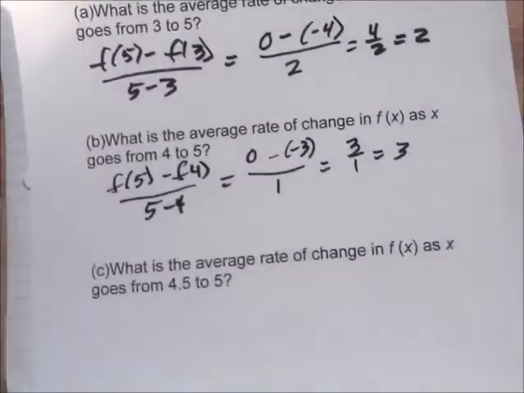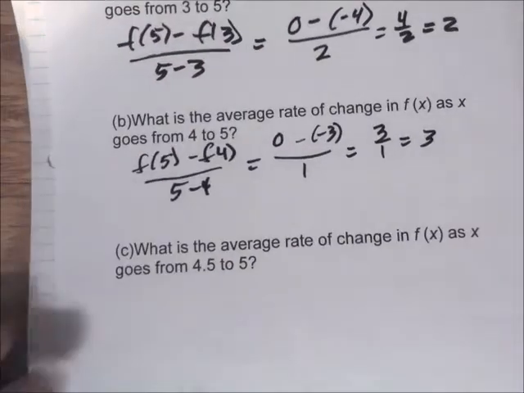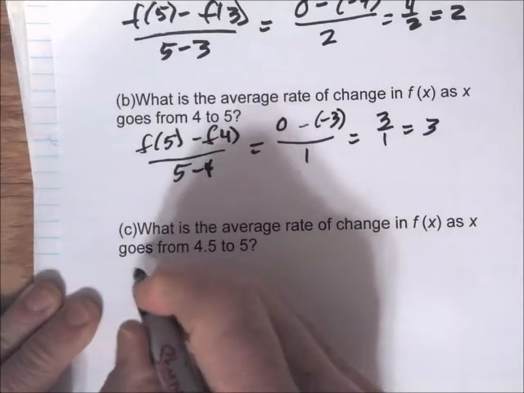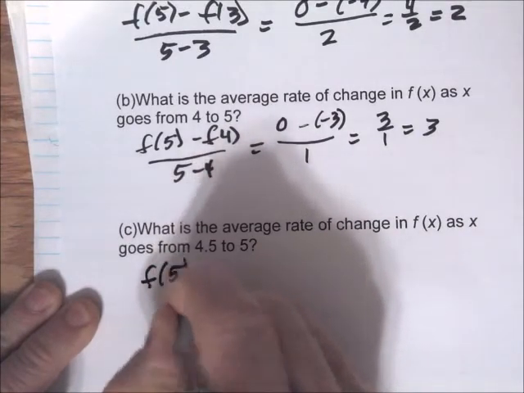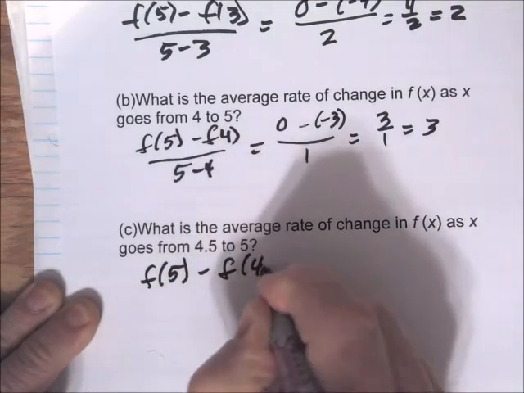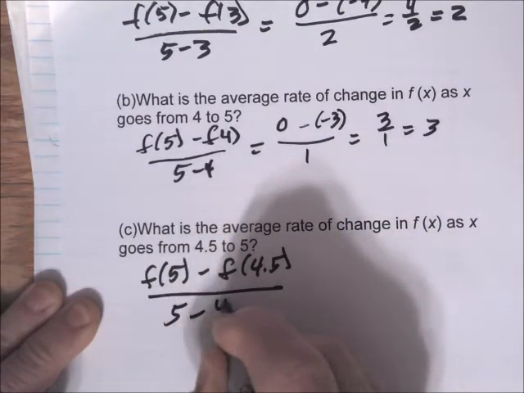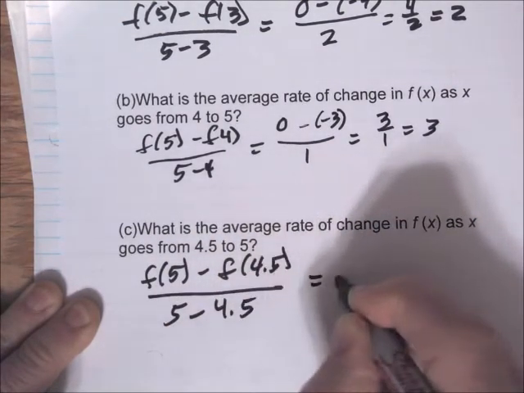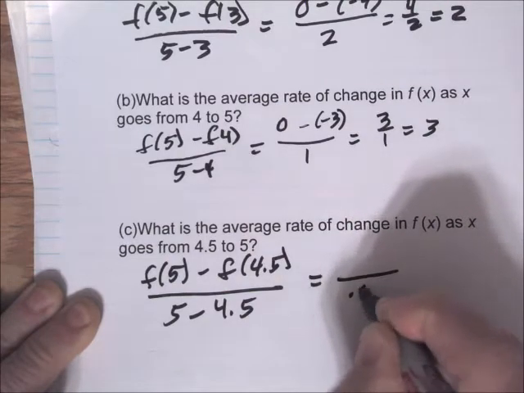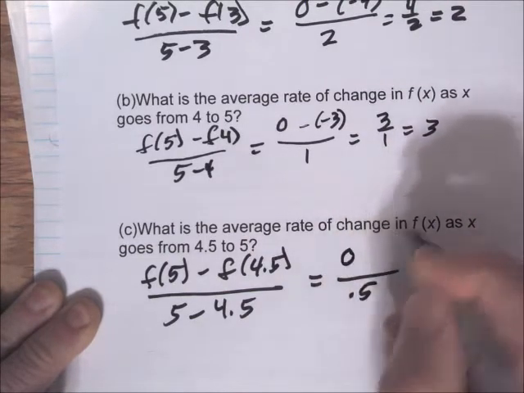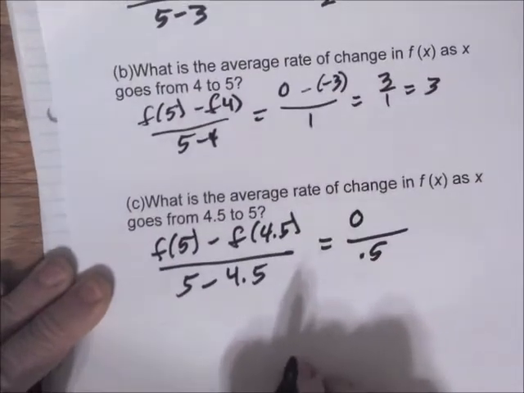If we do 4.5 to 5, so that's f of 5 minus f of 4.5 over 5 minus 4.5. So the denominator is going to be 0.5. F of 5 is 0. F of 4.5.